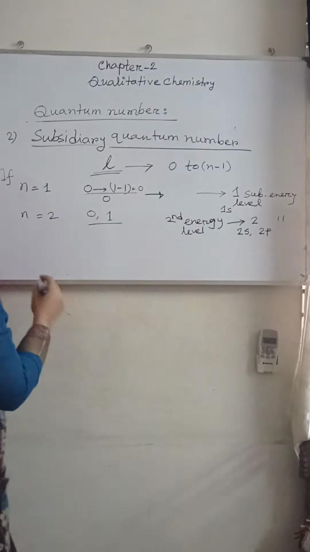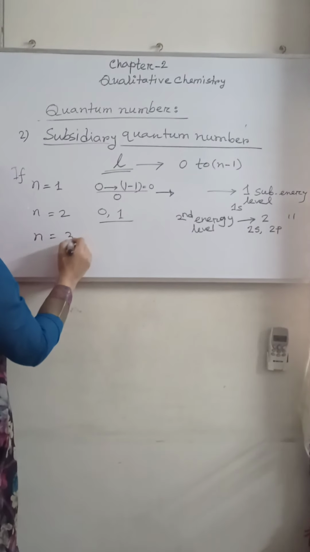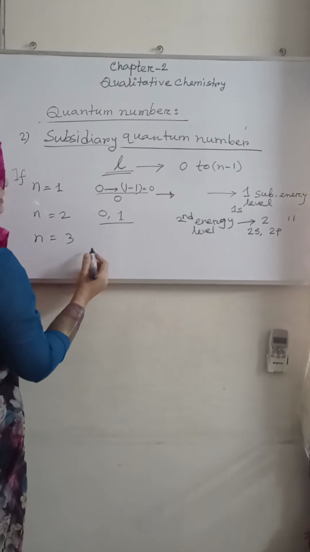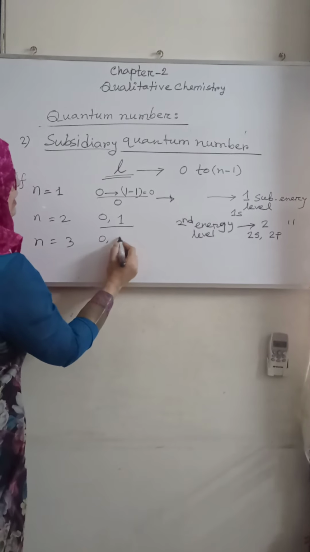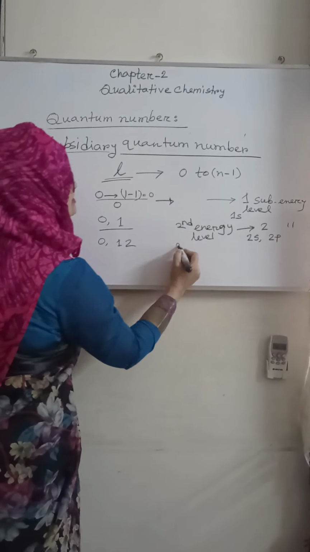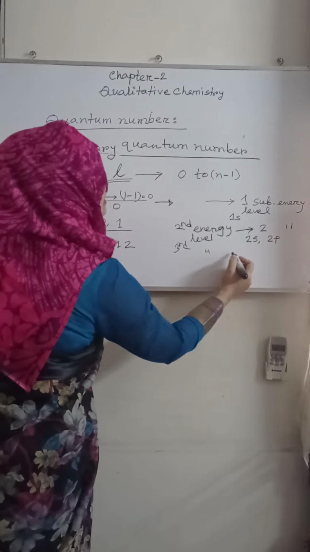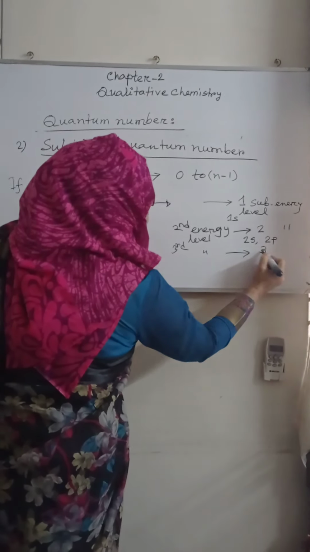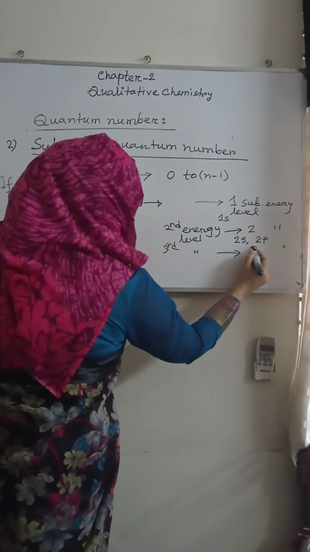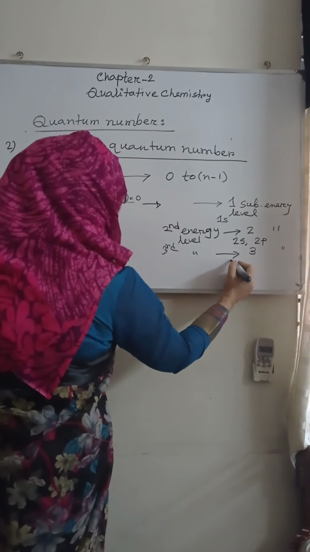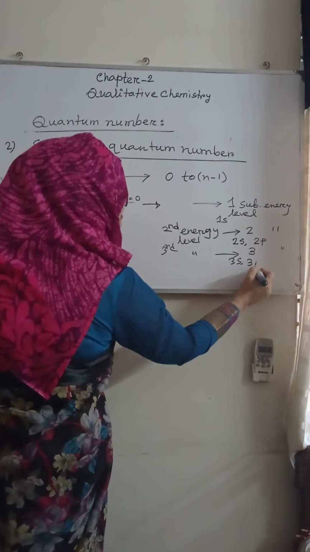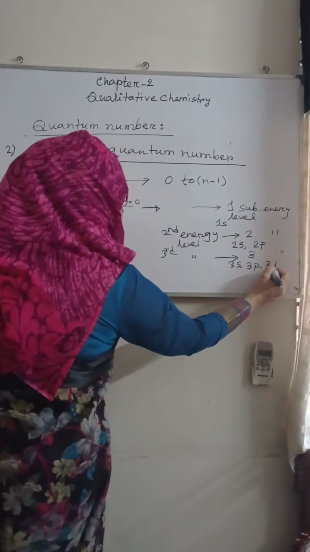When n equals 3, the value of l is 0, 1, 2, that is the third energy level has 3 subshells, and these are represented by 3s, 3p and 3d.